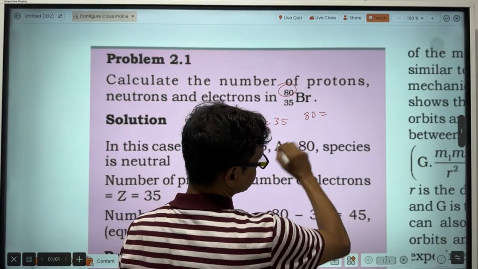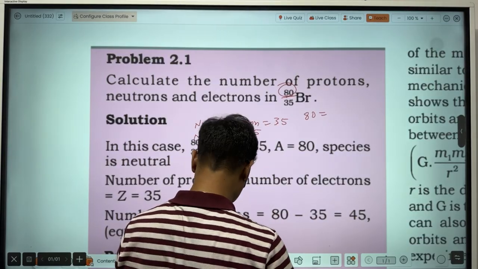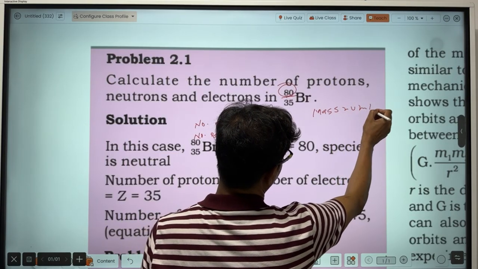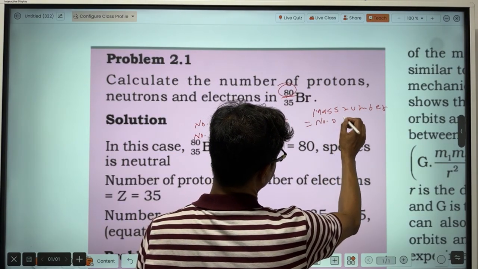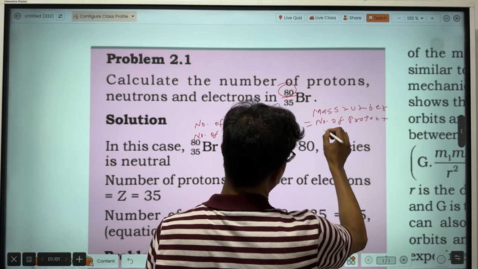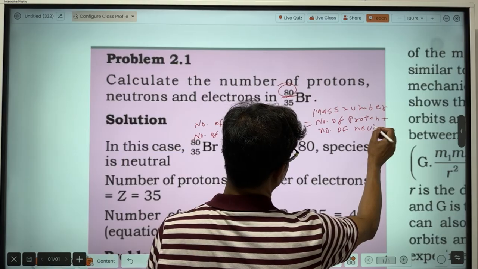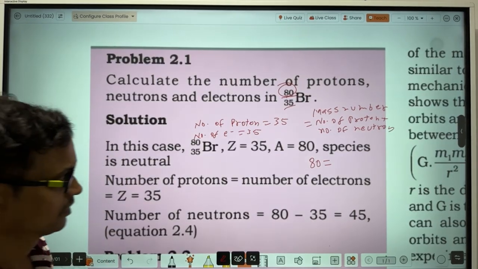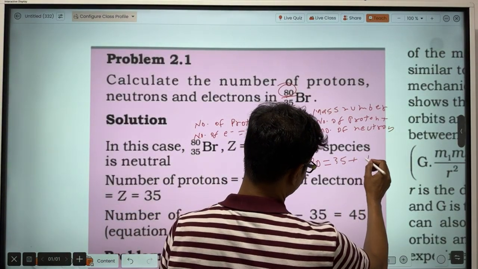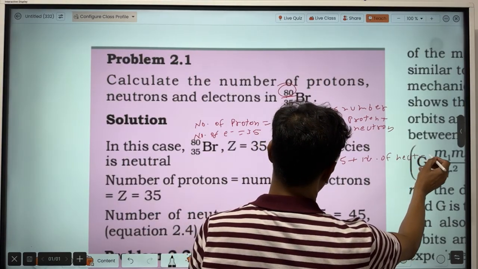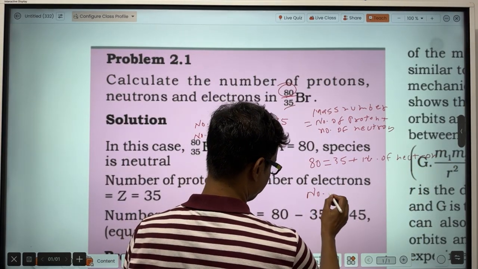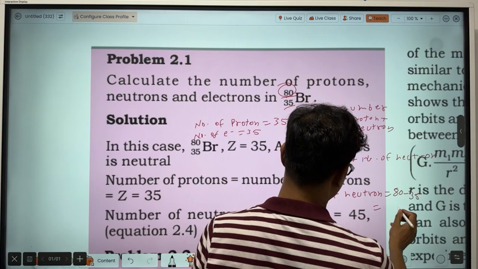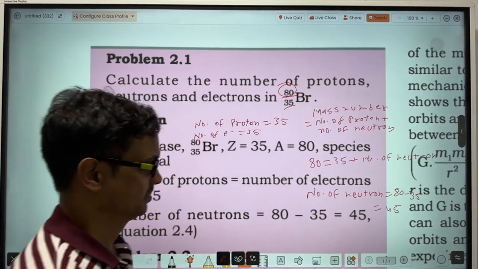So 80 is the mass number, and 80 equals the number of protons, which is given as 35, plus the number of neutrons. So the number of neutrons will be 80 minus 35, that is 45.